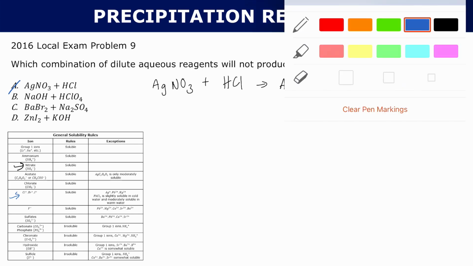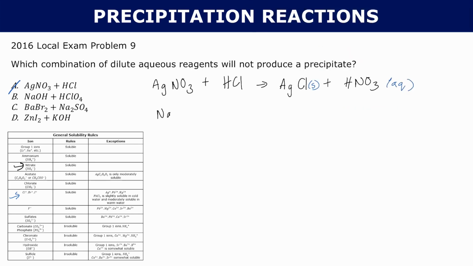Let's look at the next one, which is sodium hydroxide, NaOH, reacting with perchloric acid, HClO4, and we have to predict the products here. Again, it's a double displacement reaction, so the sodium is going to pair up with the perchlorate, and therefore you have sodium perchlorate, and you have the H pairing up with the OH, and you produce H2O.